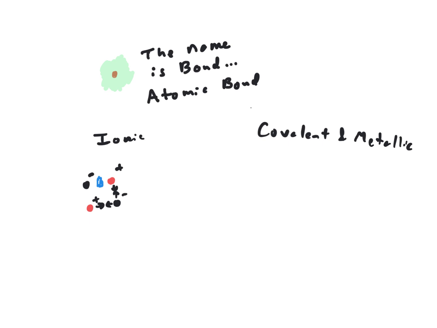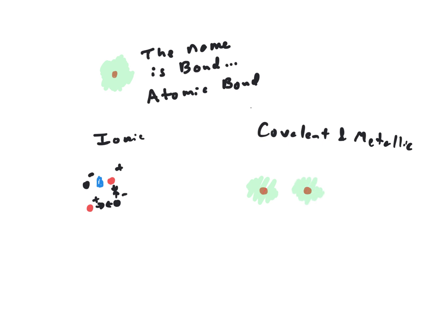Now, for covalent and metallic bonds, it's a little bit more tricky. So if I wanted to imagine that I have two atoms, and so these are the nuclei for the atoms, and then I'm going to use the green kind of to highlight the electron clouds around them.